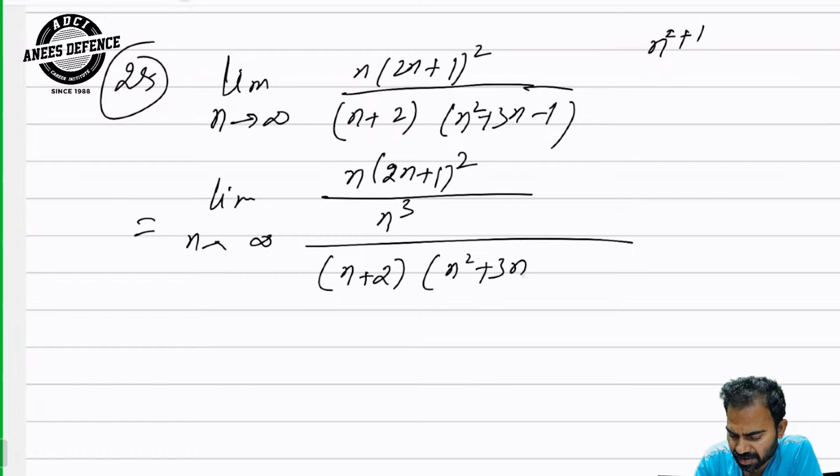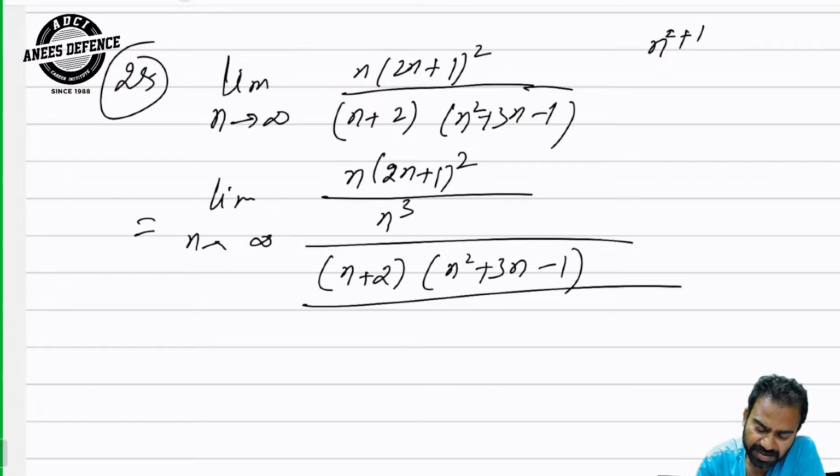If the highest degree in the numerator and denominator is 4, then we will divide by the variable to the power of the highest degree. Here the variable is n, and the highest degree is 3, so I will divide by n cube.